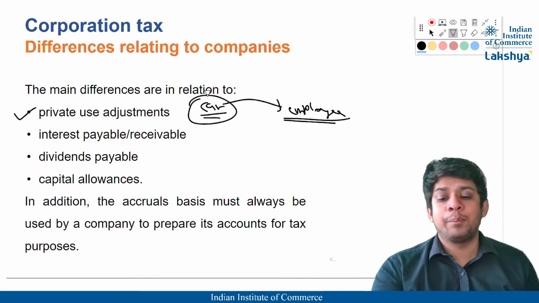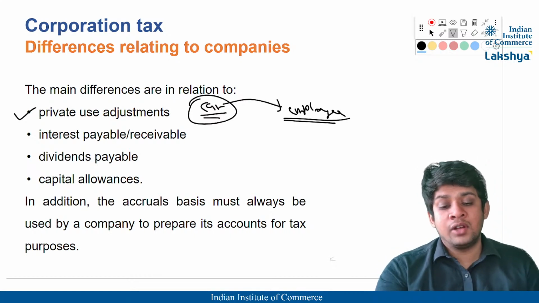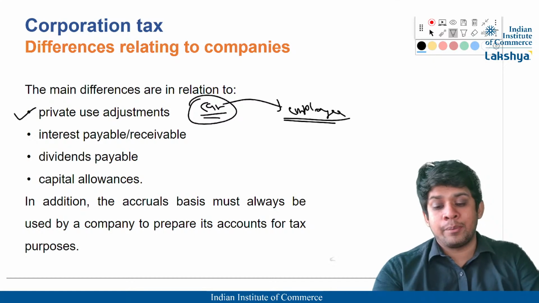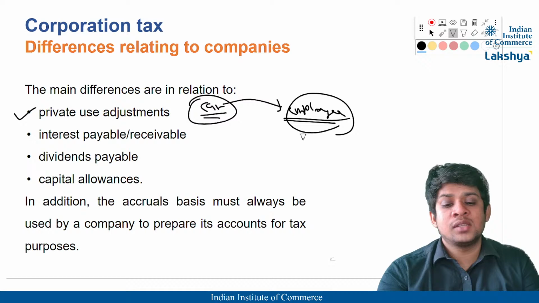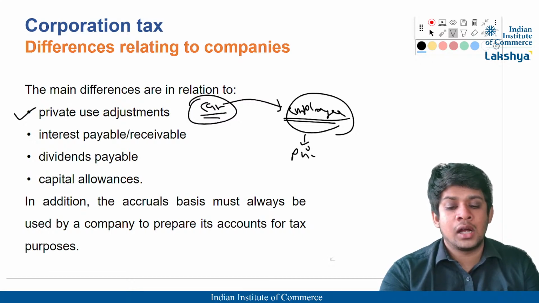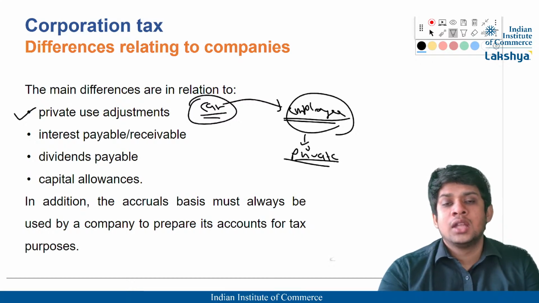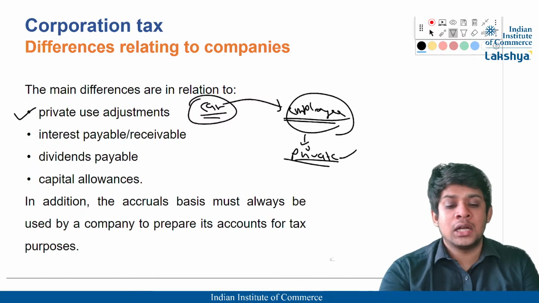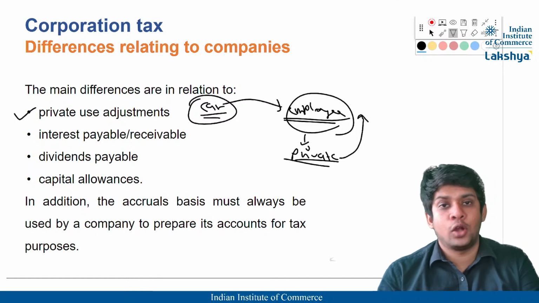So there is a company car which the company has given to the employee or the manager of the company. Now, if the manager or the employee is making private use of that car, then the private use will be considered as a taxable benefit for the employee.